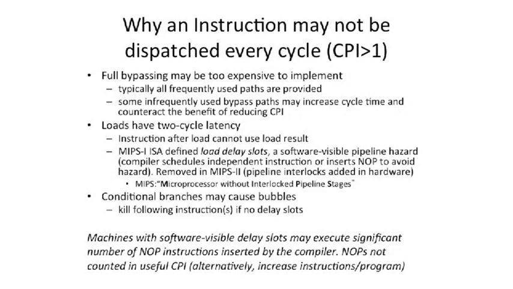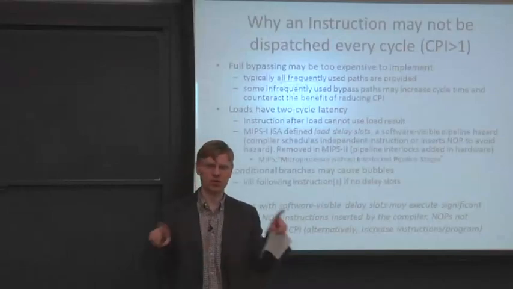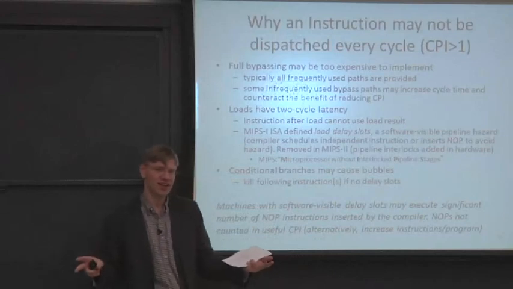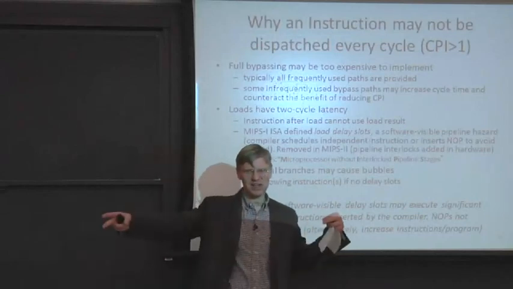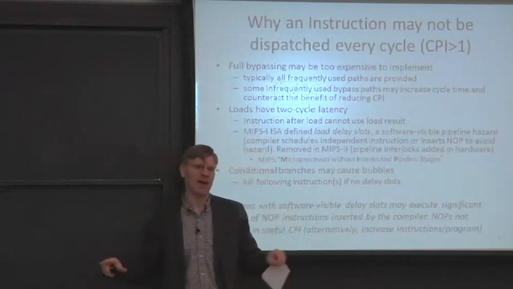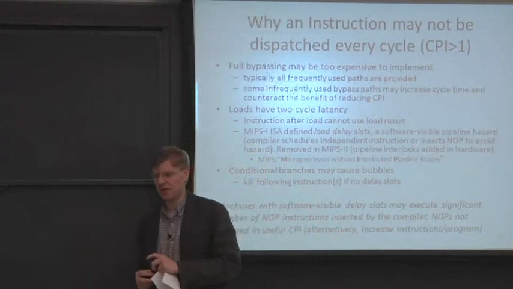A good example of this is if you look at a modern day machine, something like your Core i7. They actually don't bypass between all the different functional units from all the different locations, because they can execute about 6 instructions per cycle, and they have many stages in the depth of their pipe, so they'd have to be bypassing out of 100 different places for every new source operand.